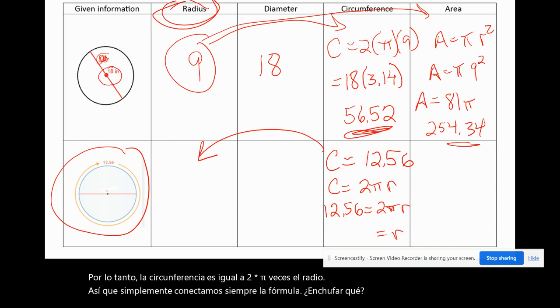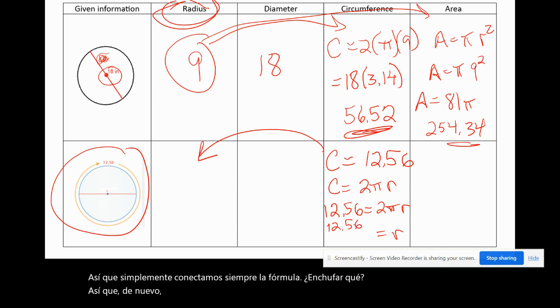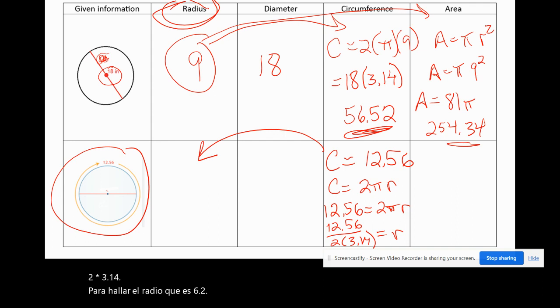So again, I'm going to be dividing by 2 times 3.14 to find the radius, which is 6.28. 12.56 divided by 6.28. It's 2. So the radius is 2. Means the diameter is 4.